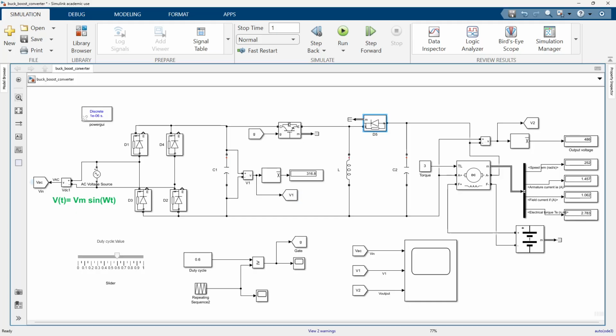So by adjusting the duty cycle, we can control the motor's armature voltage. By controlling the armature voltage, we can control the motor's speed.